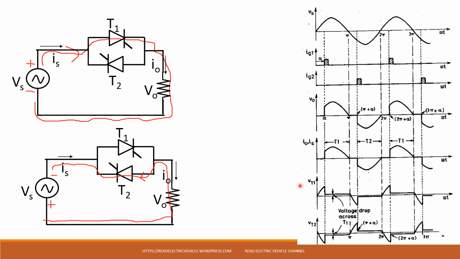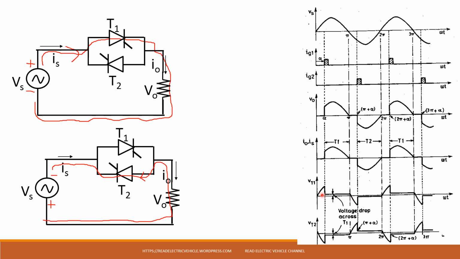Now this is the voltage across T1 and this is the voltage across T2. Whenever a device is conducting, the voltage across it will be almost 0. So that is represented by some negligible voltage drop. When T1 is conducting, that voltage you make it as 0 or a small voltage, either 1 volt or 2 volt.